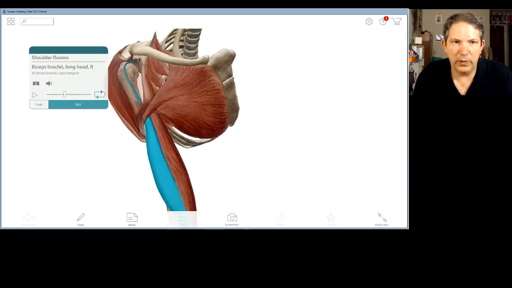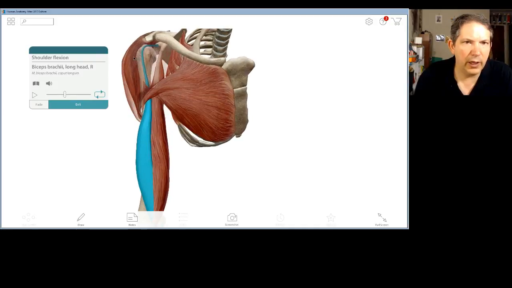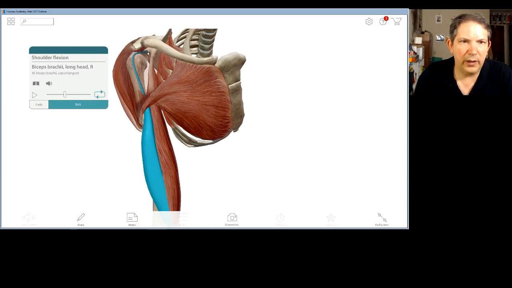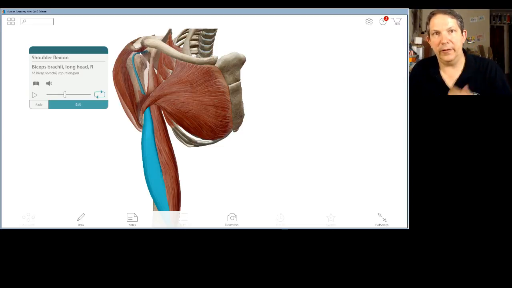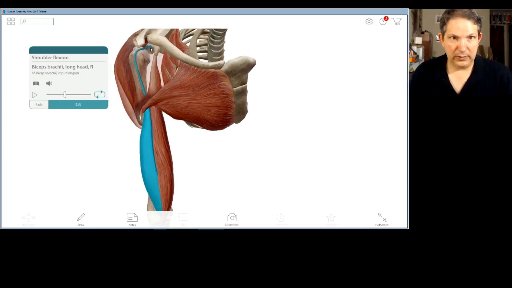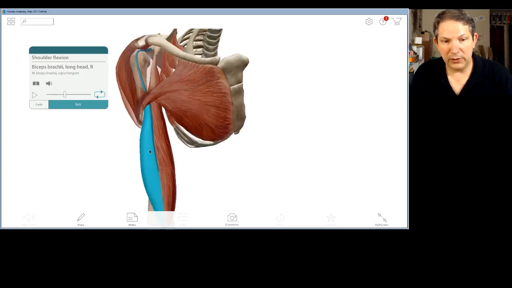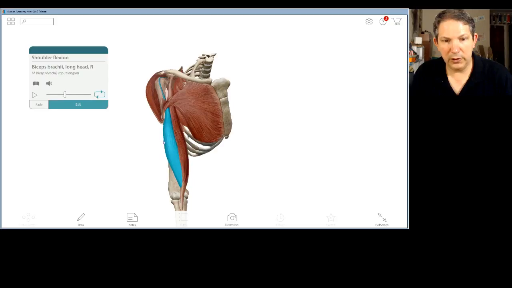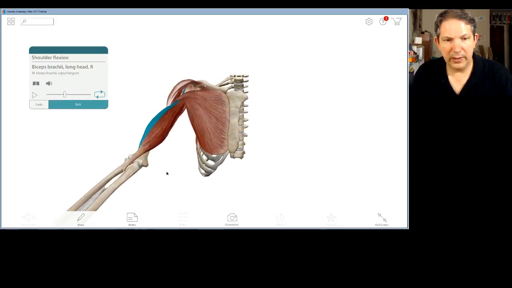And it originated, having trouble turning this just right, on the superior margin of the glenoid fossa, or the glenoid. It's not in the fossa, but it's on the edge of it. It's the glenoid labrum. So superior glenoid labrum through the intertubercular groove. The belly of the muscle is lying on the humerus, and then the insertion is at the radial tuberosity.